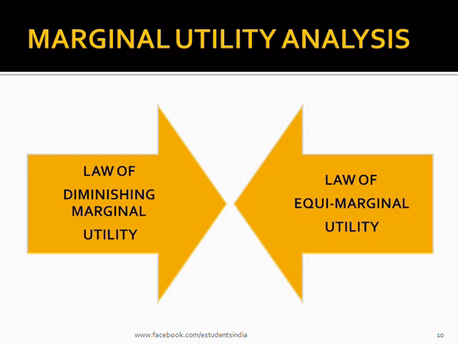The law of equi-marginal utility is also known as the law of equilibrium utility, law of substitution, law of maximum satisfaction. So we have to study only two laws, the law of diminishing marginal utility and the law of equi-marginal utility. And we have already studied that the law of equi-marginal utility is only an extension of the law of diminishing marginal utility. So let us start with the law of diminishing marginal utility.